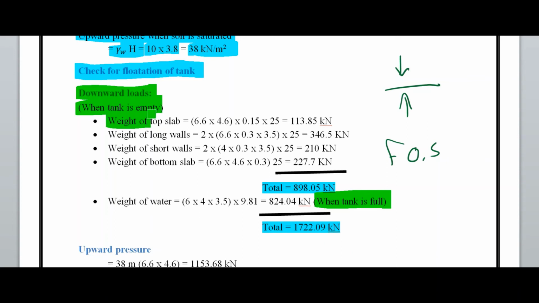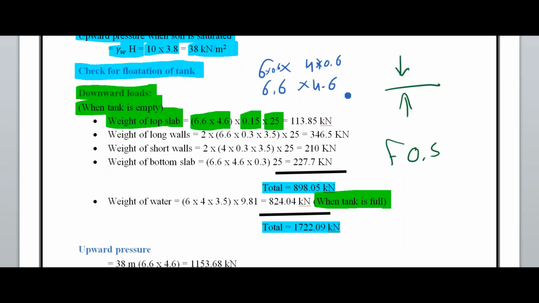First of all, weight of top slab: area into thickness into density. Assume the water tank is 6 by 4, plus wall thickness, both walls. So 6.6 into 4.6 is the dimension of the top slab, into 150 thickness, and 25 is the density. So 113.85.